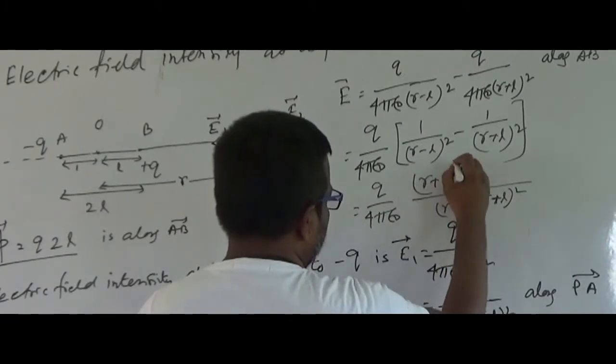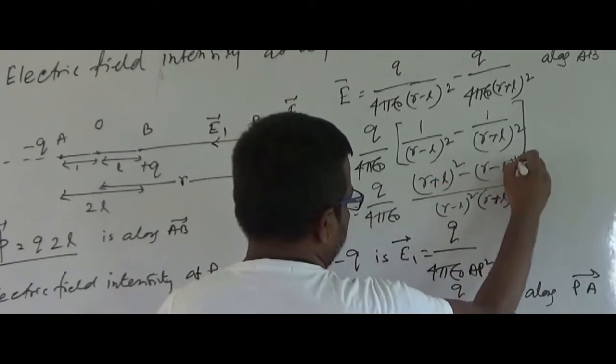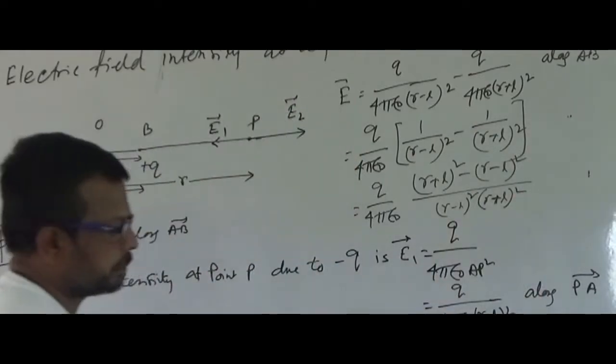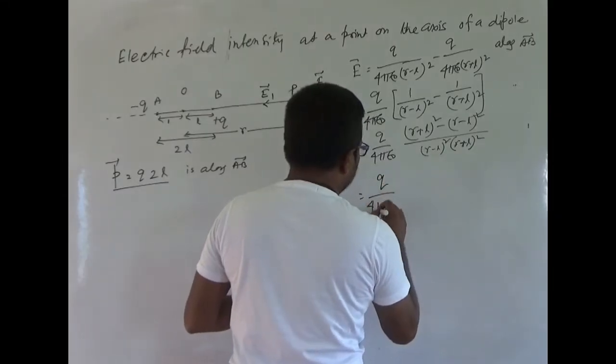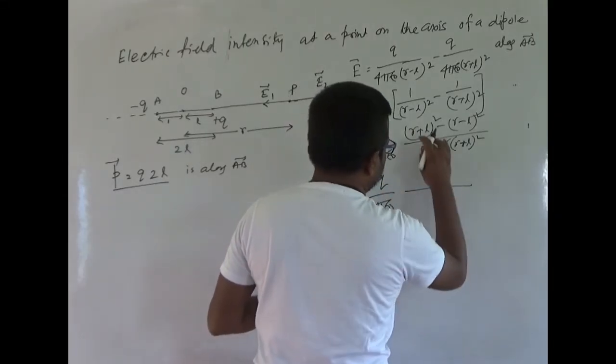In the numerator, R plus L whole square minus R minus L whole square is equal to Q by 4 pi epsilon naught. What is this?